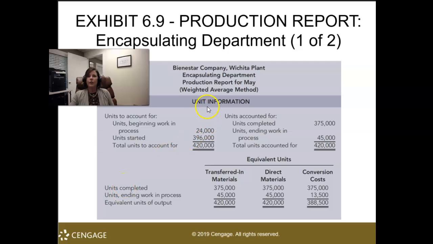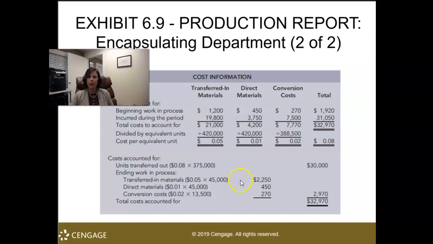And so this is just the production report, and you will see how all of those have been taken into consideration here in terms of unit information and then cost information below.